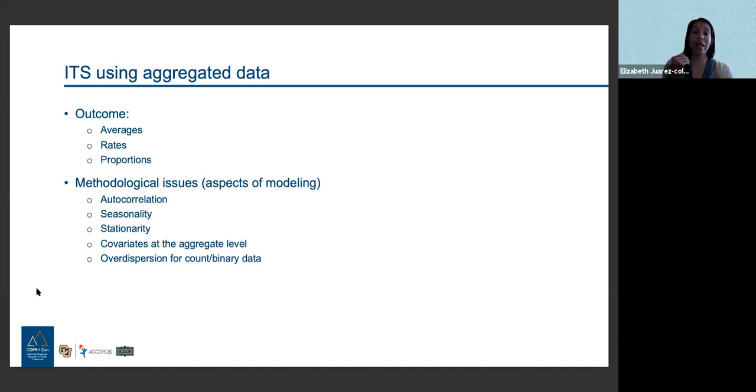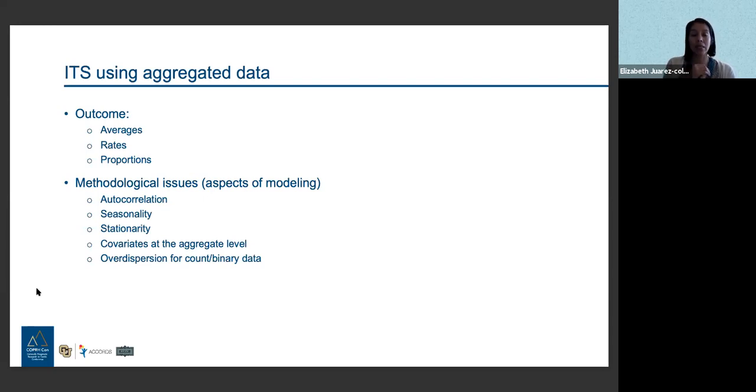If we think about a proportion, for example, the proportion of the use of a certain medication in the ED, it's very likely that the proportion for a given month or period is highly correlated with the previous month or the previous period.